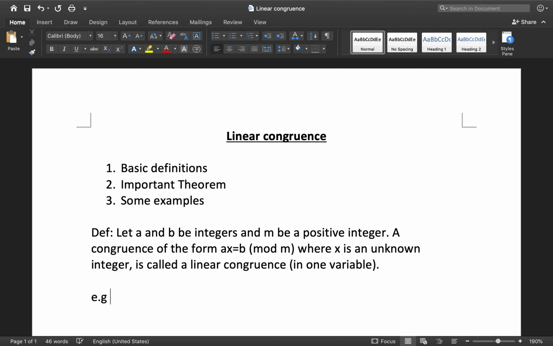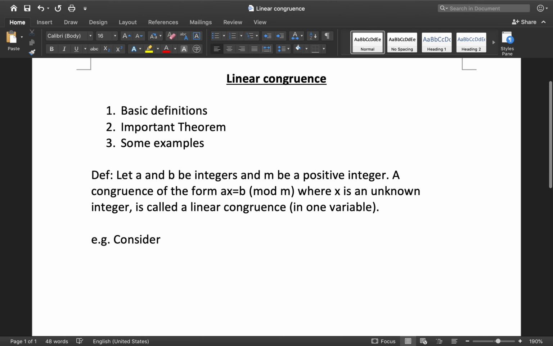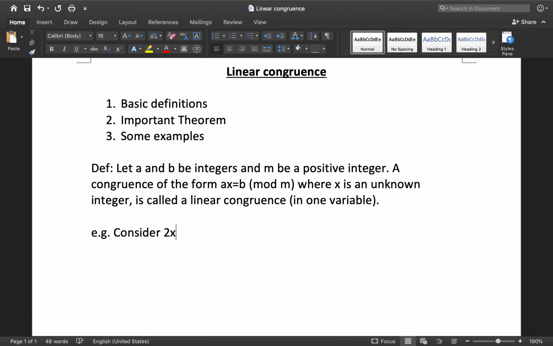So just an example. Consider 2x congruent to 1 modulo 5. Then you see we have numbers 2, 1, 5, and x now is a variable. So we have to solve for x from that equation.